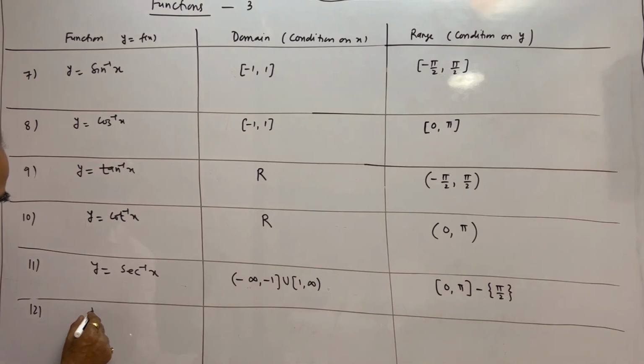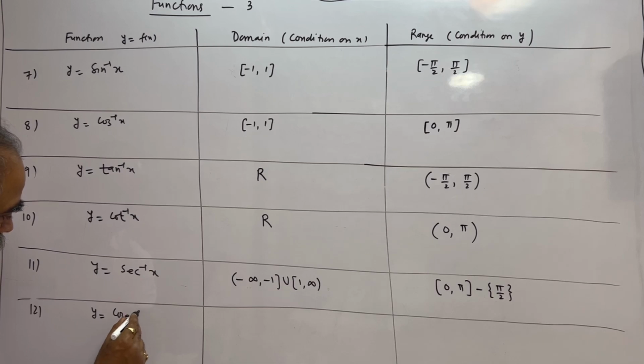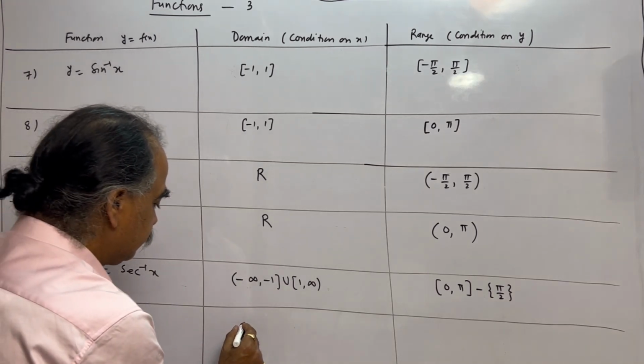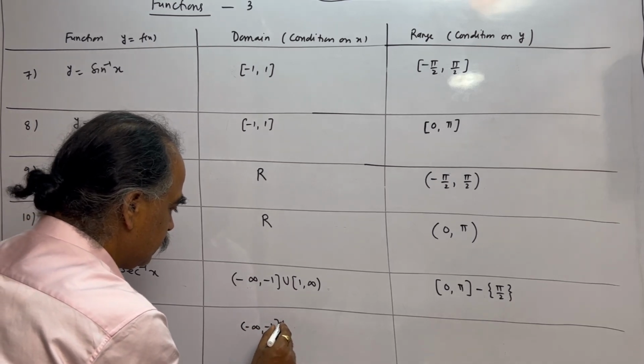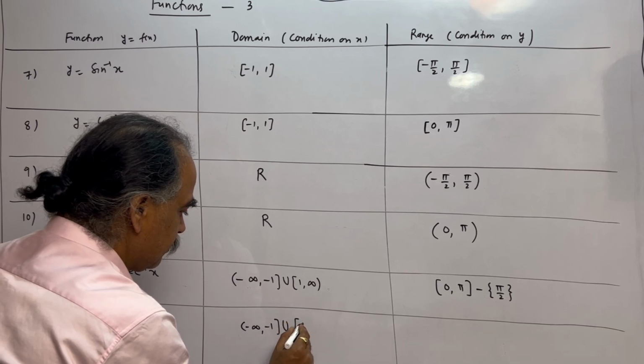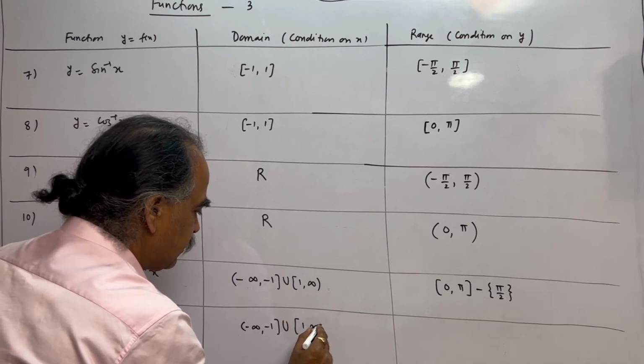Then y is equal to cosec inverse x. Domain is the same thing: minus infinity to minus 1 union 1 to infinity.